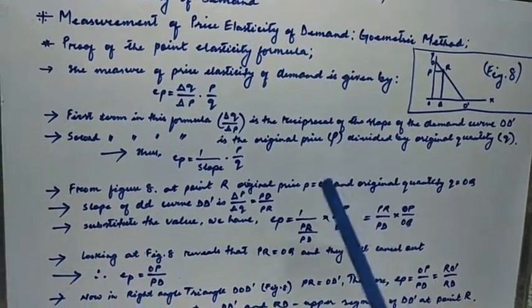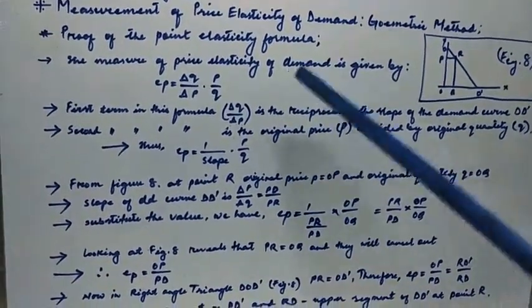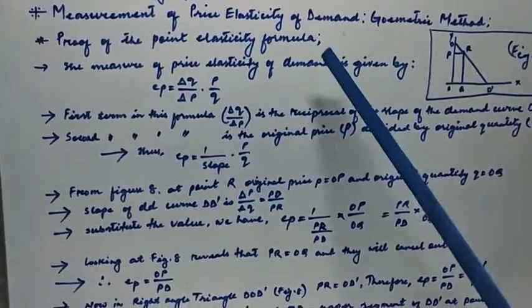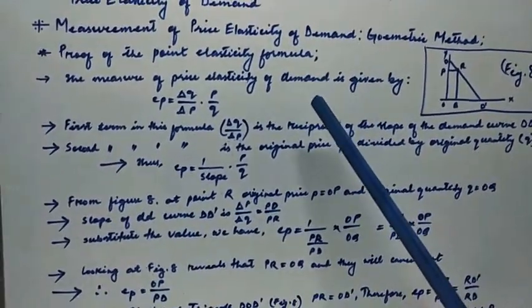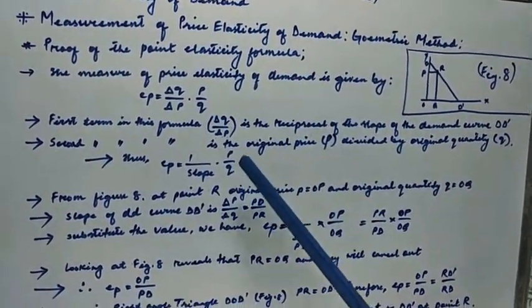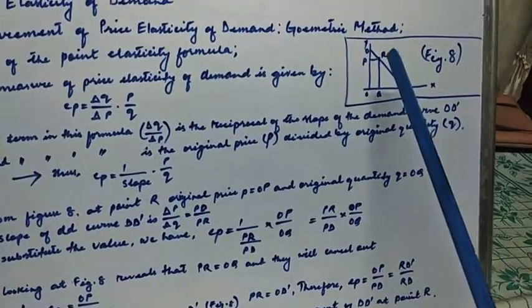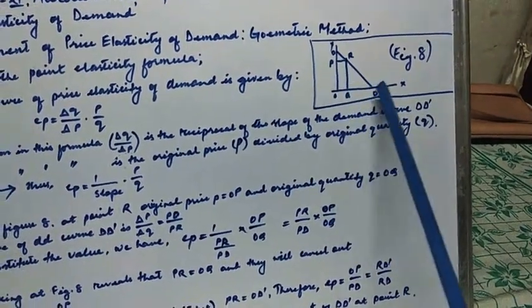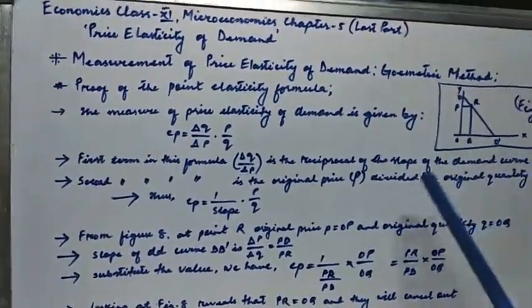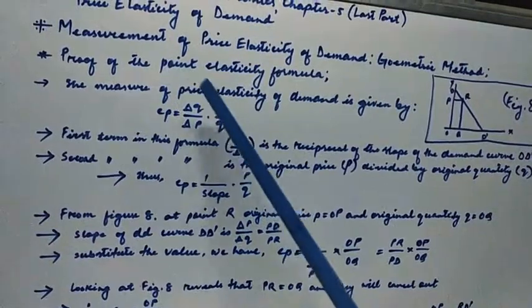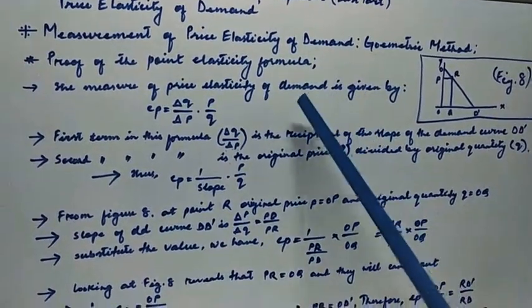Here we are going to prove the point elasticity formula. We have to prove the formula that we discussed when we discussed the geometric method, and we will be referring to figure number 8 again. So, proof of the point elasticity formula.